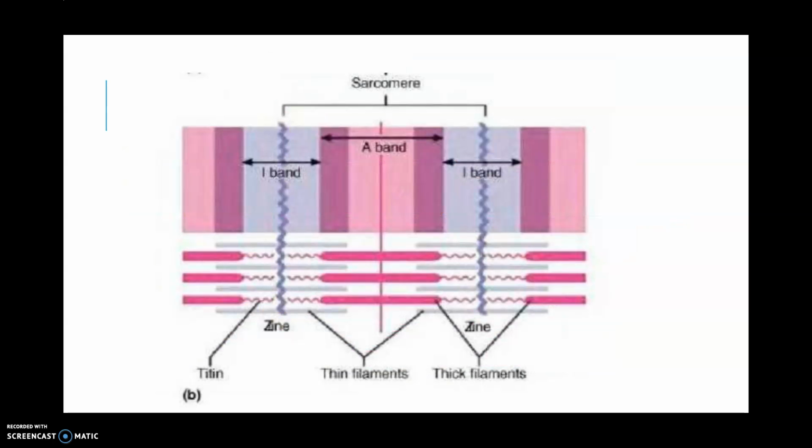So a little bit closer here, we're seeing our thin filaments. They're connected to our Z-line over here. So our thin filaments, again, are called our actin. And then we see our thick filaments that are kind of in between. Those are our myosin. We see our Z-line come down. And we see this overlap here with our A band.